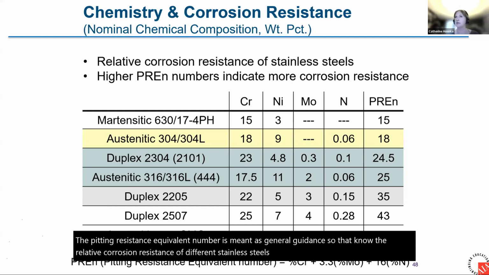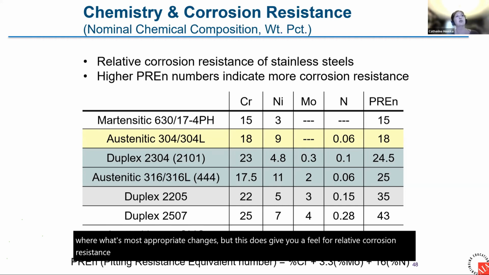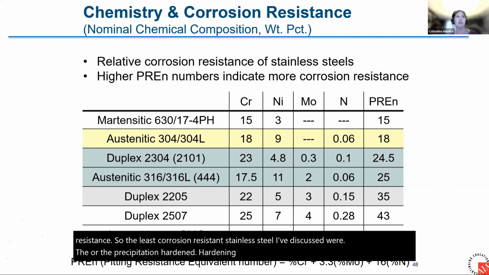There can be specific applications where what's most appropriate changes. But this does give you a feel for relative corrosion resistance. So the least corrosion resistant stainless steel I've discussed were the precipitation hardening, like 17-4 PH. 304 is a step up.